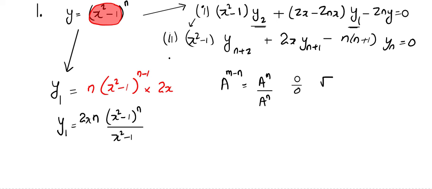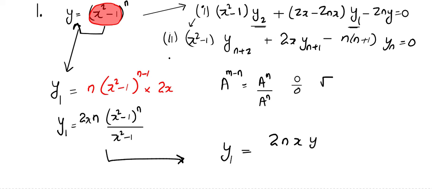We got the question. And I told you, whenever the question pops up when we differentiate, you have to replace it with y. So I'm going to rewrite y1 is equal to 2nx, I just made it n into x, y the whole divided by x square minus 1, because this part is y.